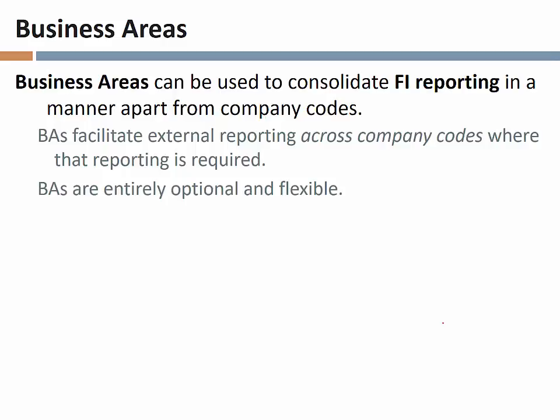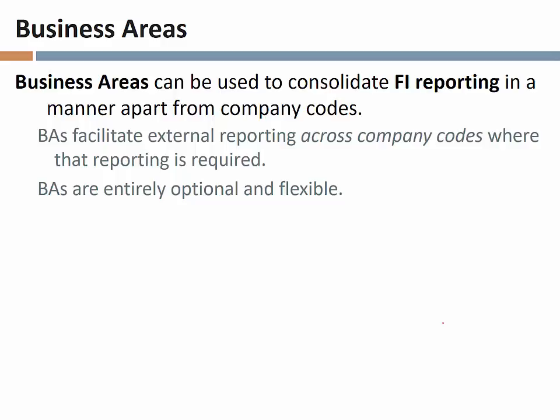Now, business areas are entirely optional, and many organizations have no need for them at all. But maybe in our business, we do need to bring together activities that are housed in different company codes for the sake of some kind of report we have to generate for a governmental agency, or just for our own benefit and tracking.